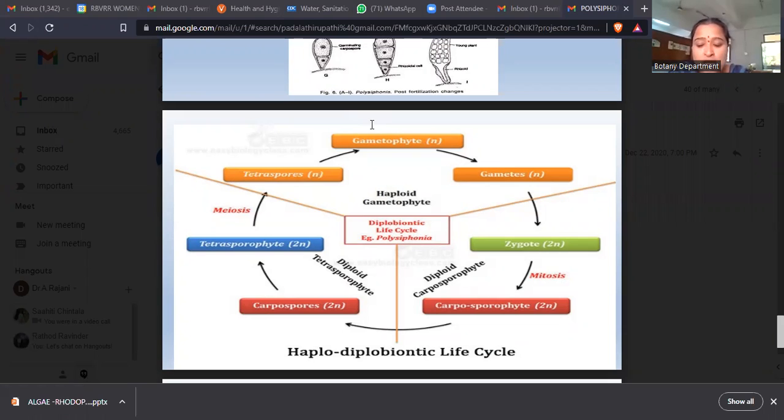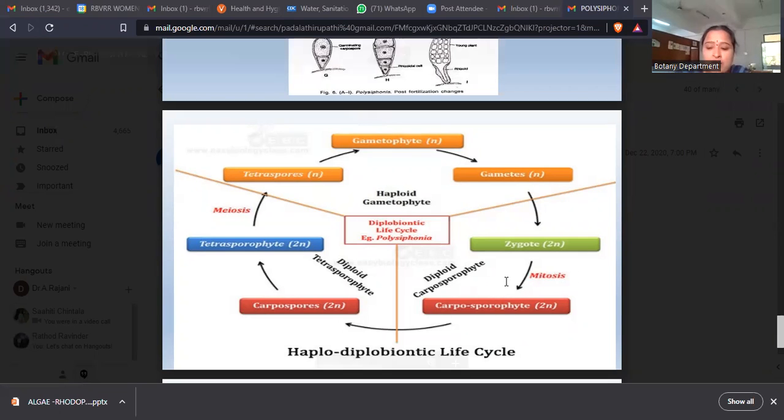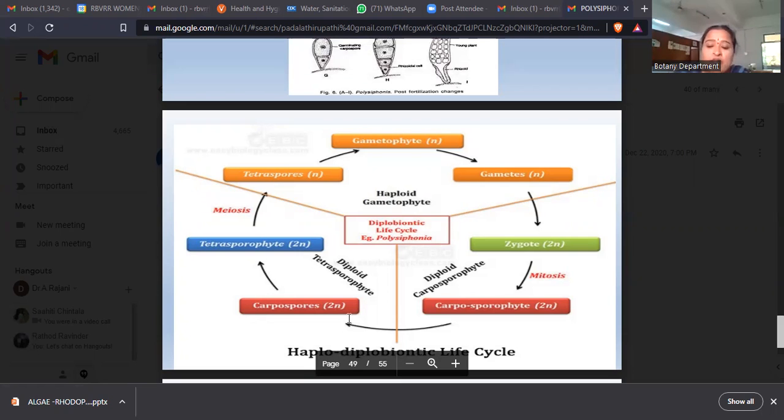One of the diploid daughter nuclei migrates from the supporting cell into the carposporophyte. Here the carposporophyte is the 2N stage, but the carposporophyte is parasitic on the female thallus. Listen carefully here: the carposporophyte is always parasitic on the female thallus.